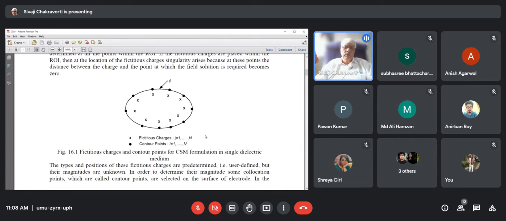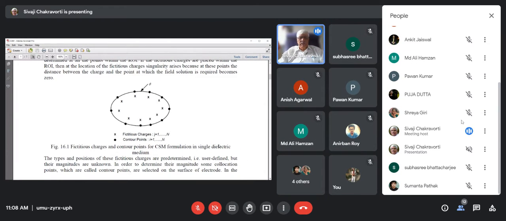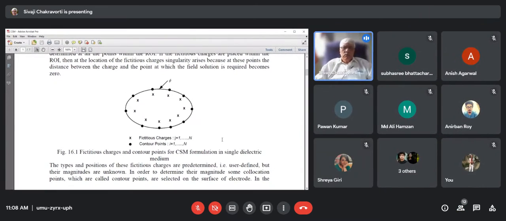So then what we will do, we'll compute the field by the cumulative effect of the fictitious charges and not by considering the actual charges. This is the concept of charge simulation method. Now, why did we take the charges inside the electrode? The reason was that our region of interest was outside the electrode.